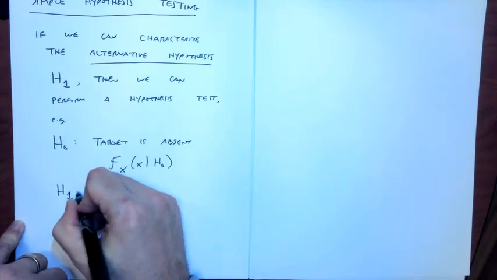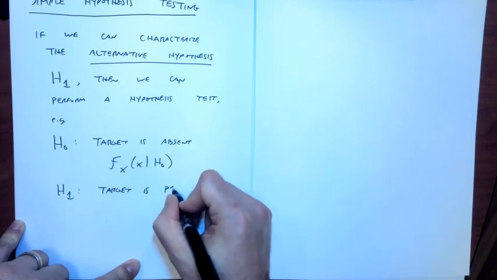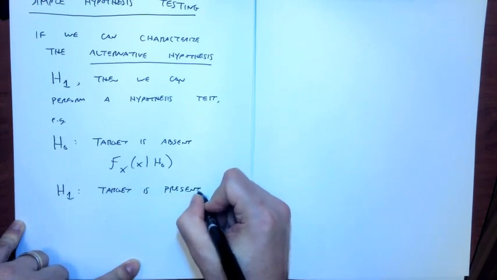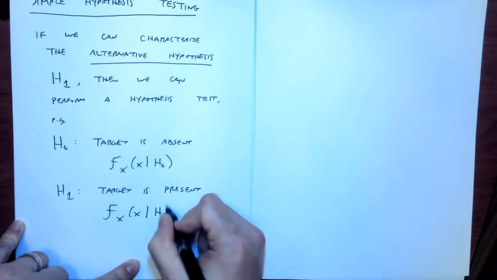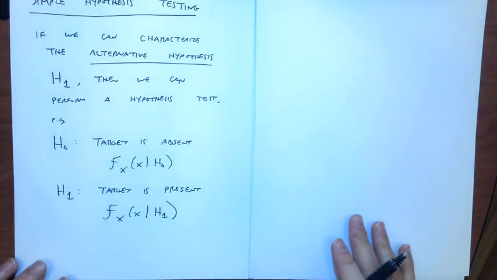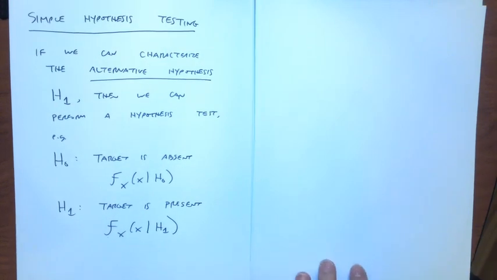Then I have a hypothesis that the target is present, and I have a distribution of what X should look like in that case. Suppose this is a radar application where I know how I sense the sky when it's clear, and I know how I should sense the sky when there's a plane there, and I have a lot of data that I can use to build these two hypotheses.